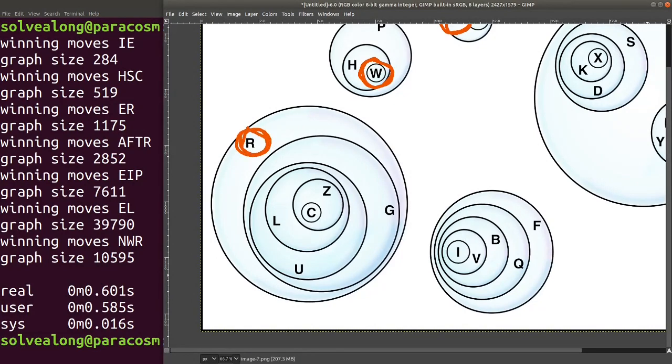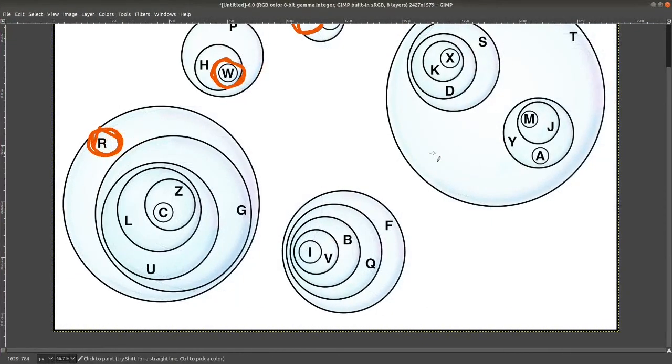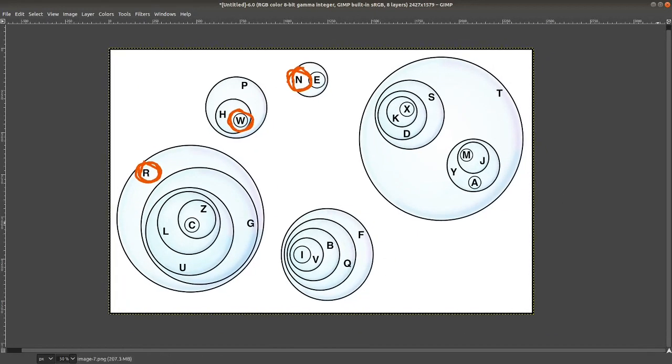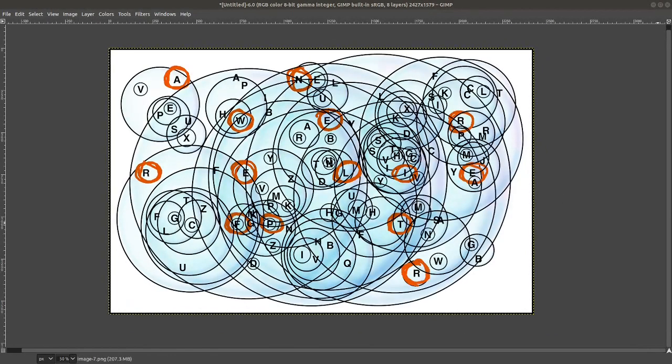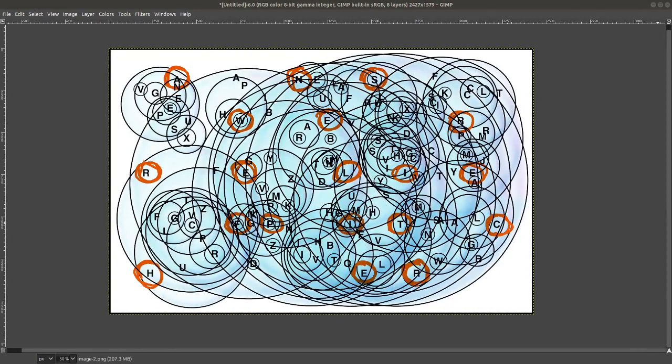All right. Now let's look at them all together again. Okay, I'm supposed to read them across like this.